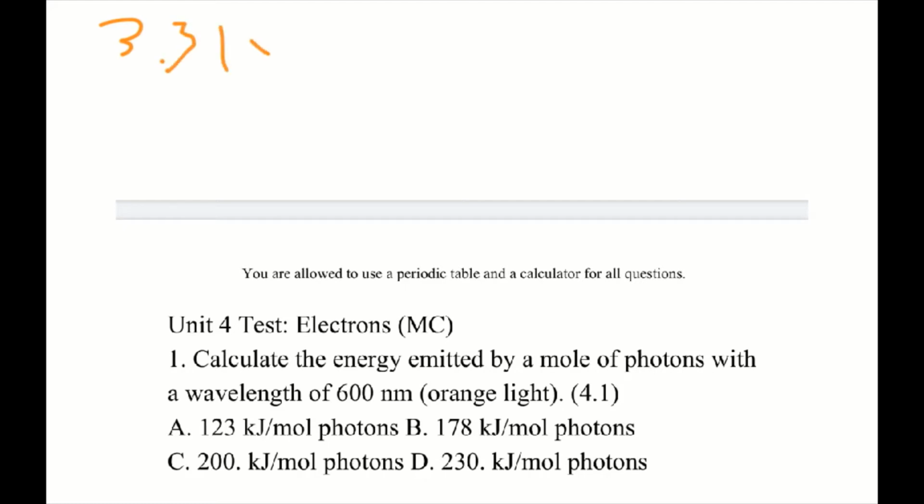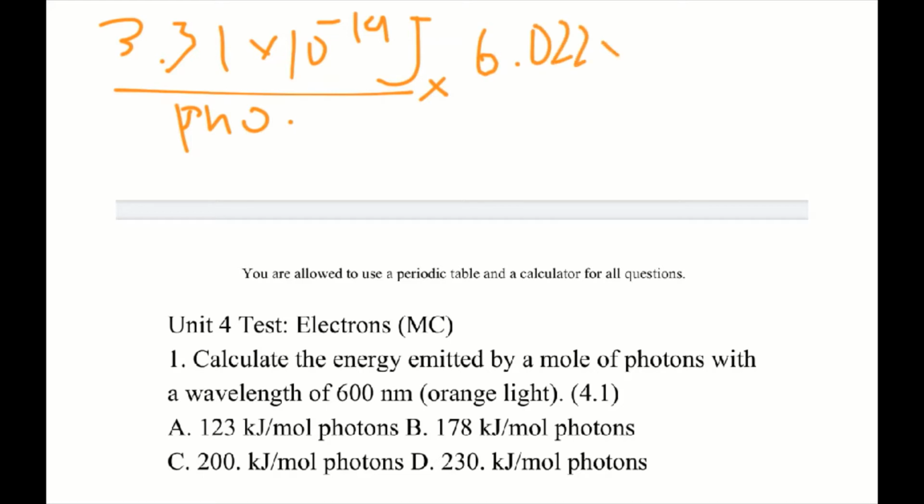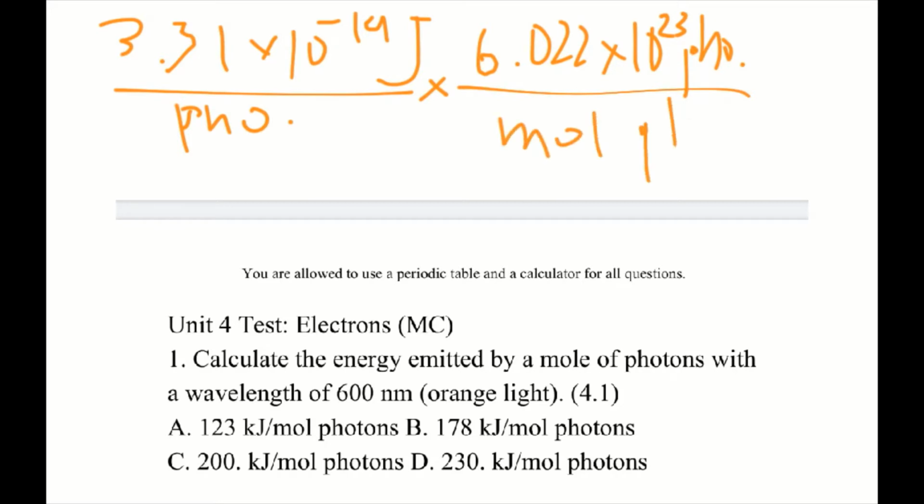3.31 times 10 to the negative 19 joules per photon, and we have to calculate for a mole of photons. So in a mole of photons there are 6.022 times 10 to the 23rd photons per mole of photons.